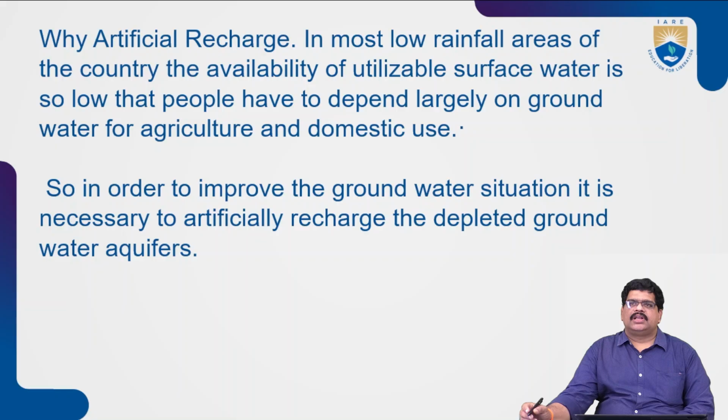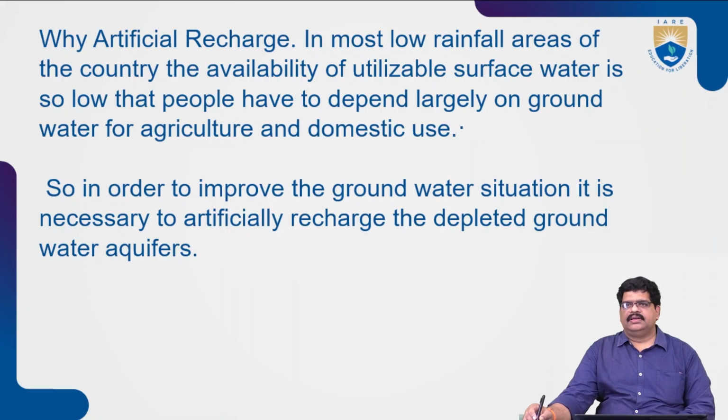Low rainfall areas or rain-fed areas can be identified first, where groundwater is used heavily for agriculture as well as domestic purposes. As we discussed previously, there is a lot of water problem in peak summer areas, so recharge methods can be applied there.